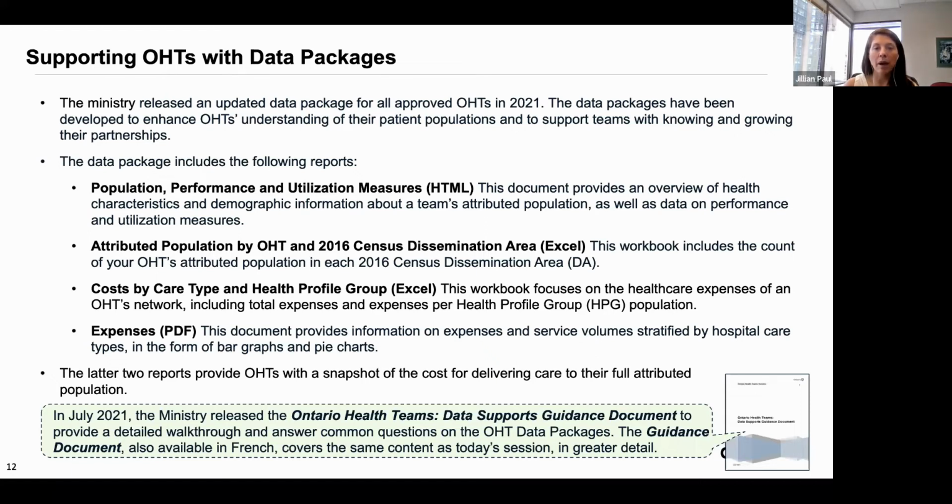The second round of data packages has been provided to all approved teams last year, and they had been enhanced from the first round based on information that we had received from teams as well as from stakeholders on things that OHTs would need in addition to what we'd already provided. So the data packages include 4 quote unquote reports.